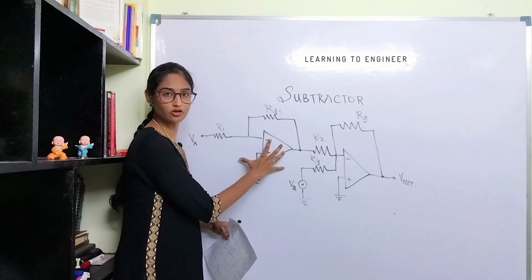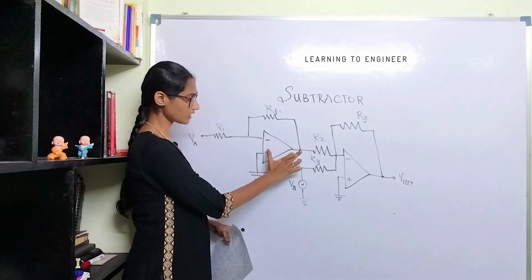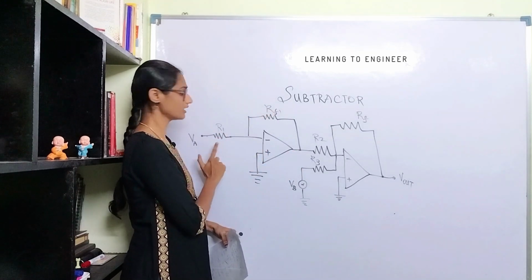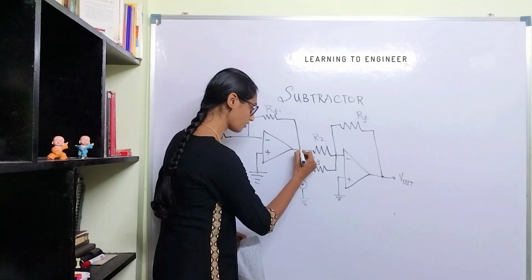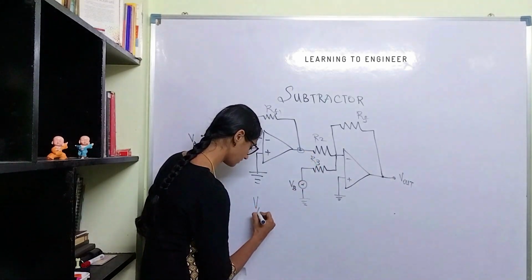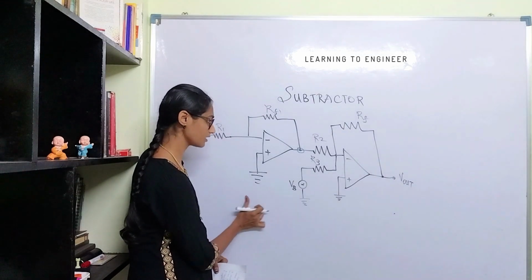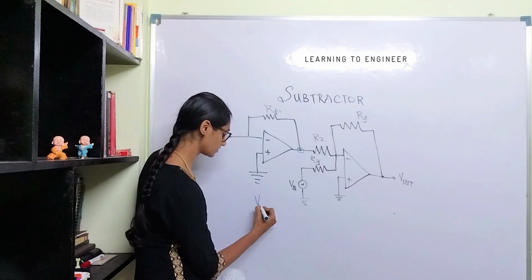This is one inverting operational amplifier. The output at this terminal will be minus RF1 by R1 times the input VA. VA is this input, so let us call the output at this stage V small a.